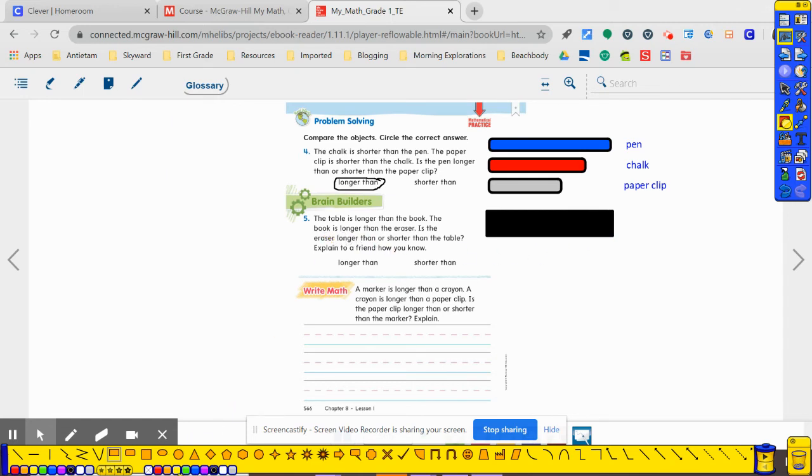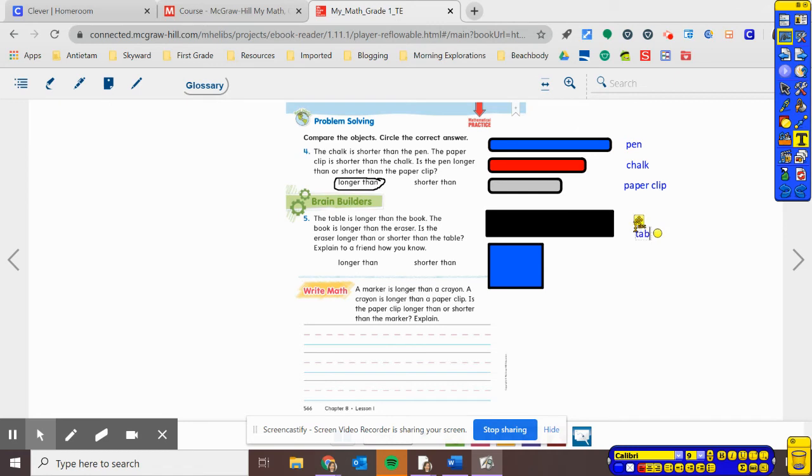So now let's draw a book. I'll make my book blue. There we go. Okay, so we have our table, and we have a book.